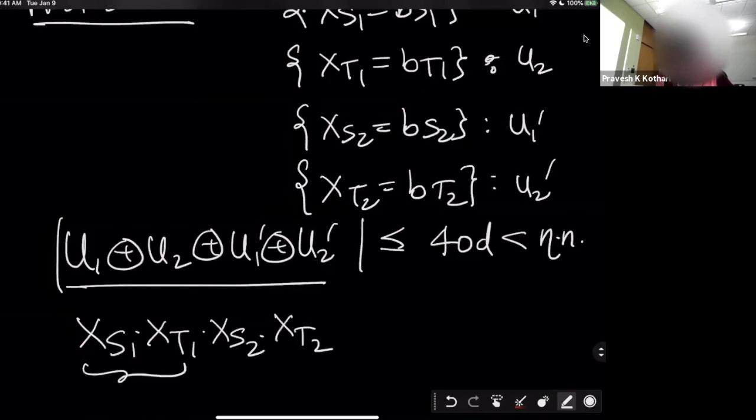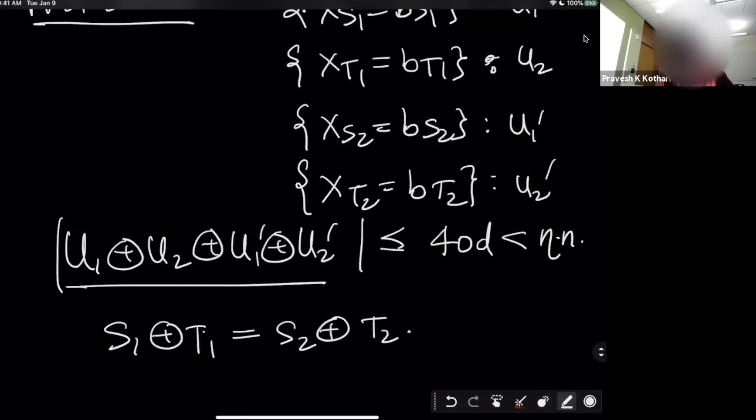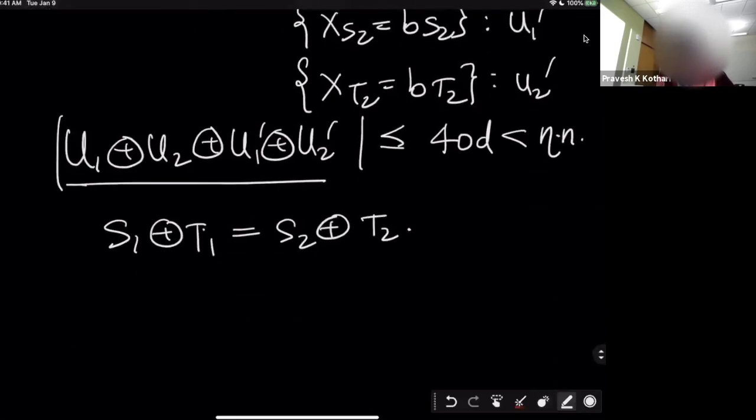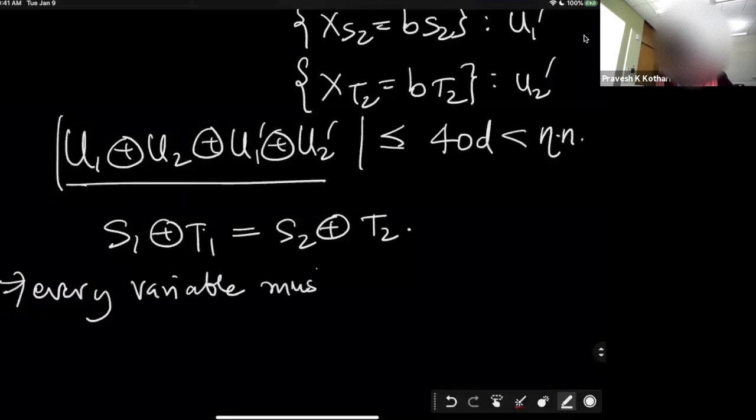So x_S1 times x_T1 must equal x_S2 times x_T2. Maybe I can write it without monomials: because S1 XOR T1 equals S2 XOR T2, if I look at the variables appearing in the clauses U1 and U2 and U1 prime and U2 prime, then every variable must appear an even number of times.